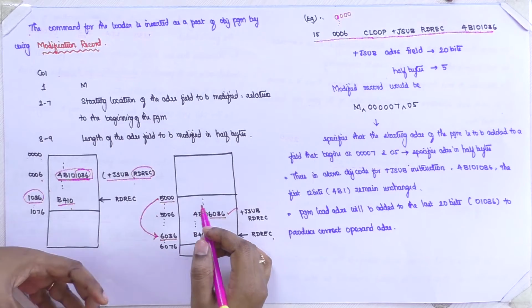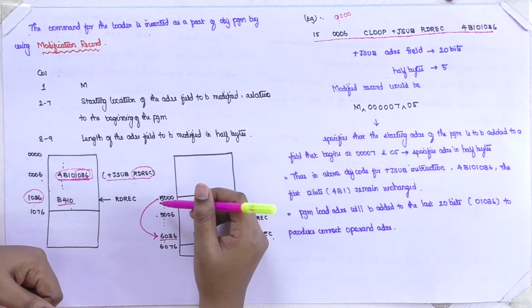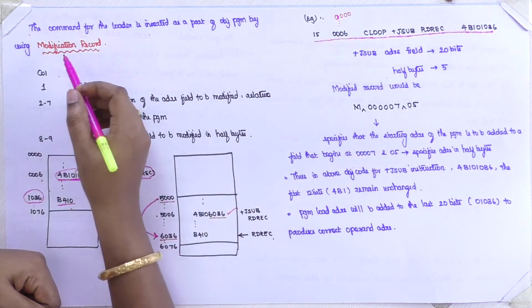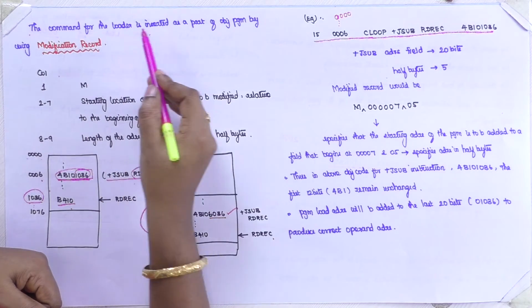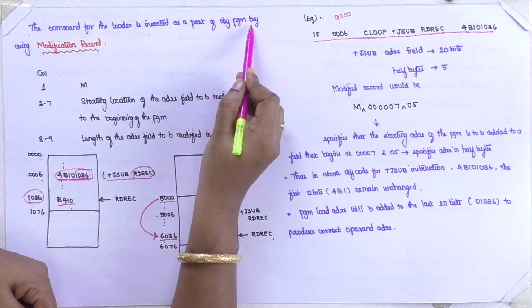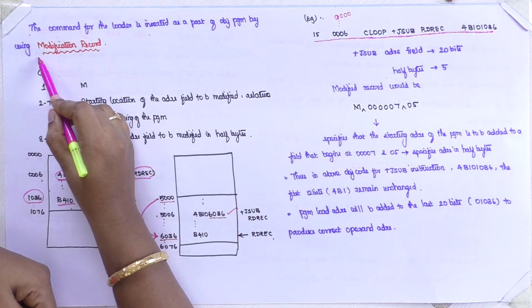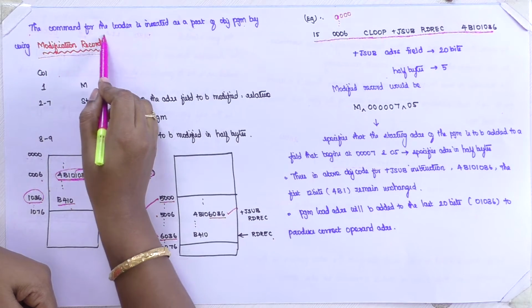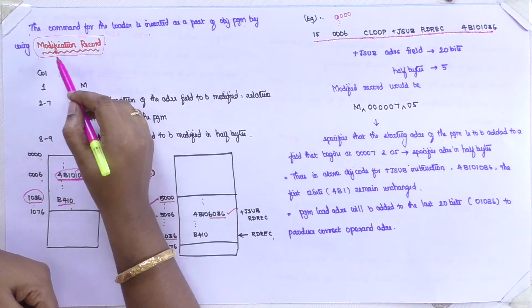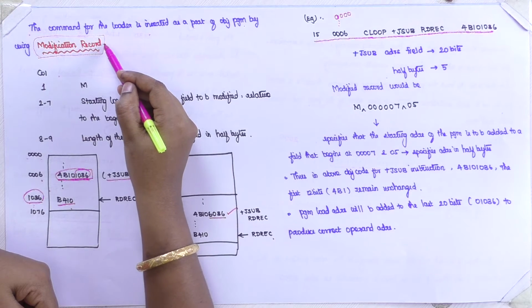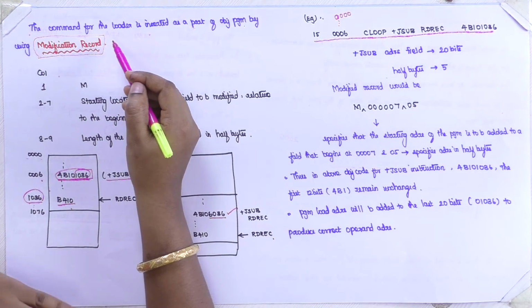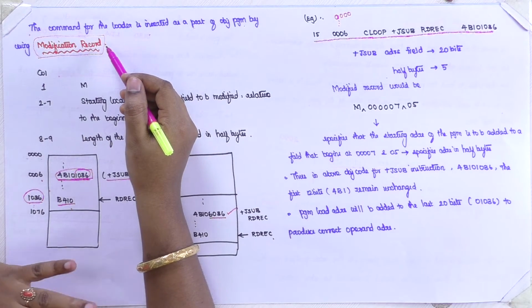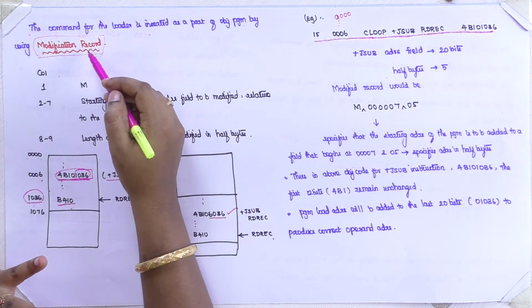That information, that command given by the assembler to the loader, is inserted as a part of the object program by means of another record called the modification record. The modification record will contain the details about which instructions need the starting address added during loading.